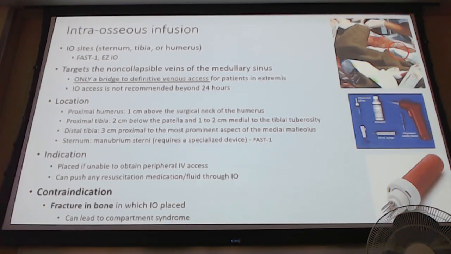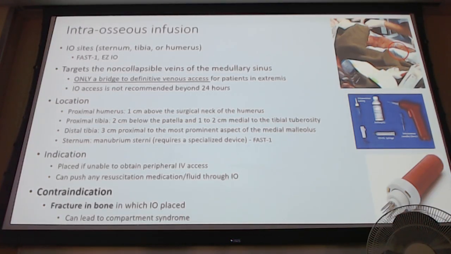This is only a bridge to us actually getting vascular access. This is someone coming into the ER in cardiovascular arrest or traumatic arrest. They do not have blood pumping, or they are so hypovolemic that we cannot get vascular access. We put an IO in to try to push meds and fluids through the medullary sinus in the bone.